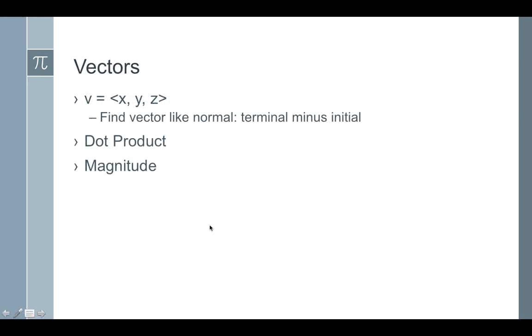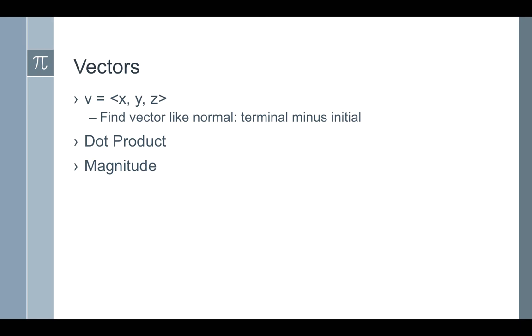Moving forward, we have our new stuff with vectors. So, a couple things here. Vectors still work the same way that they did in our last chapter, and vectors are now in the form of x, y, z, so we can go in 3 different directions.